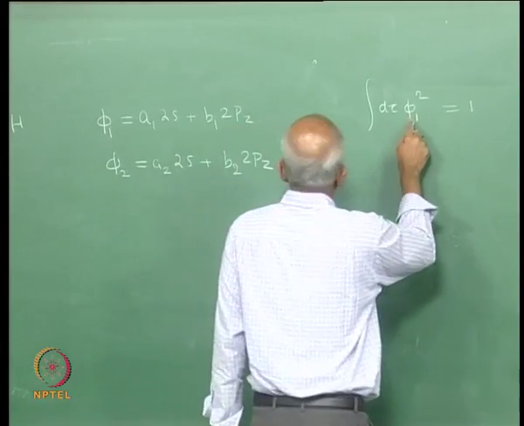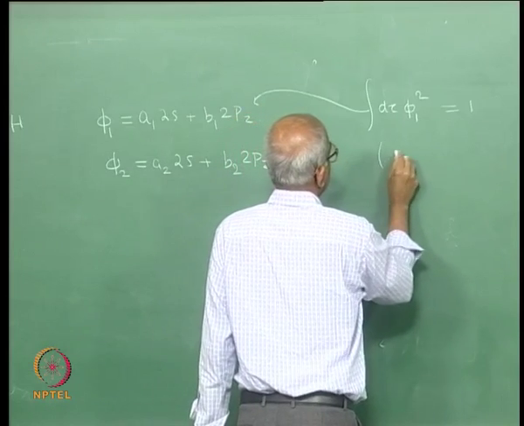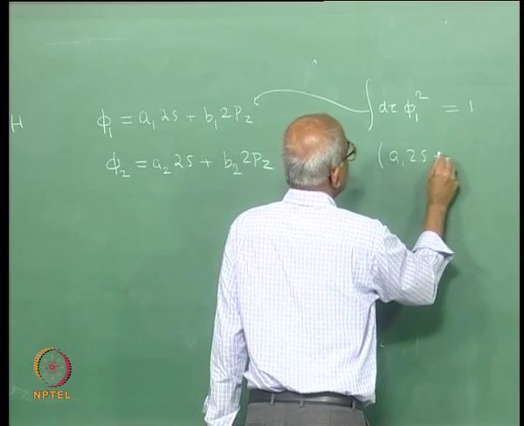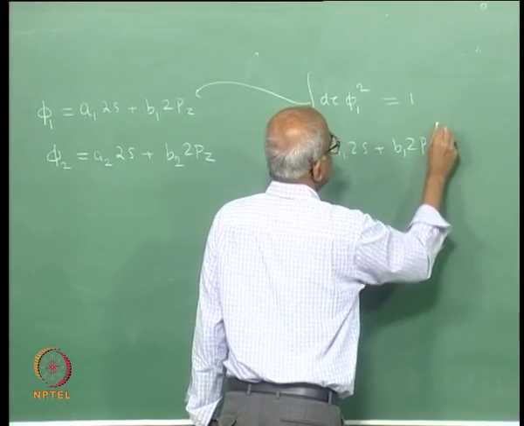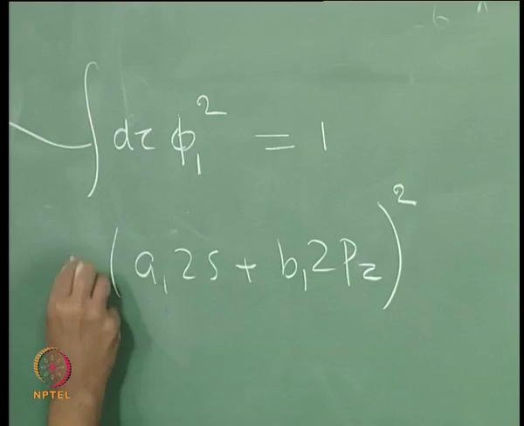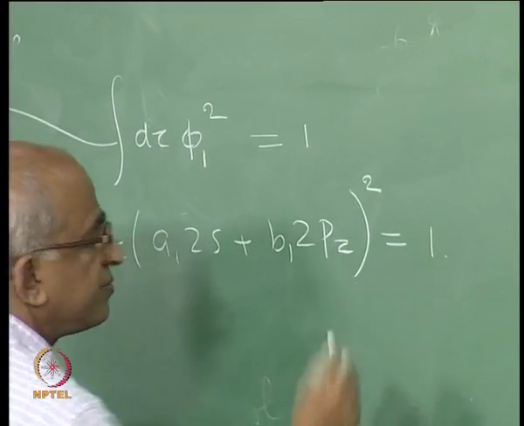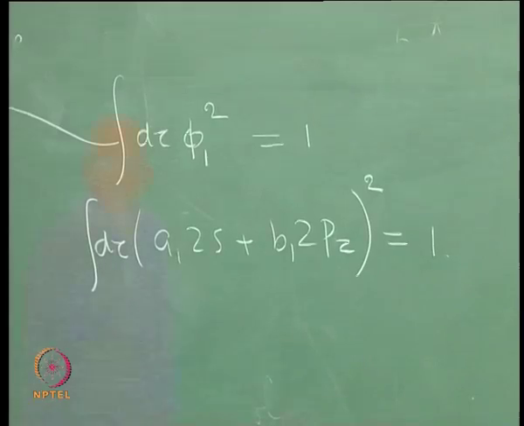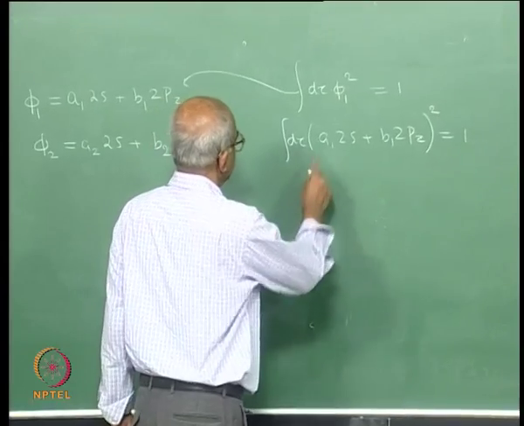So, if you apply this condition to that orbital, you take A1 2s plus B1 2pz, take the square, integrate over the entire space, and the answer must be equal to 1. That is what it means. So, suppose you took the square, what is the result?